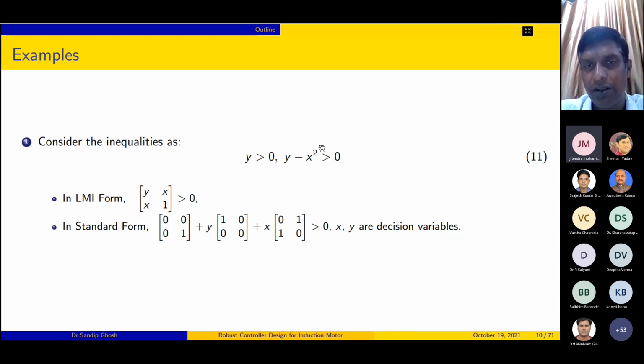The second inequality, y minus x squared greater than 0, can be expressed as this matrix being greater than 0. If you can ensure that this matrix [y, x; x, 1] is greater than 0, then if you take the determinant of this matrix, that is equal to y minus x squared greater than 0, and that comes as a property of this inequality, that its determinant also has to be greater than 0.